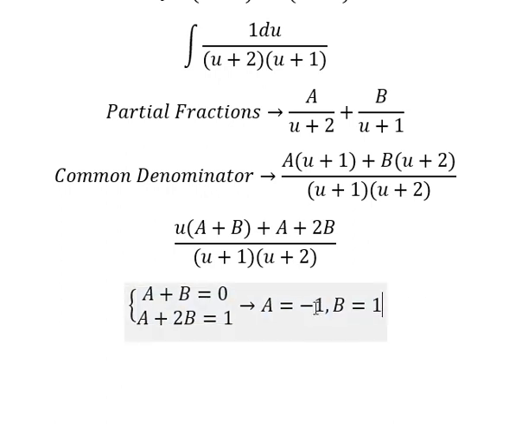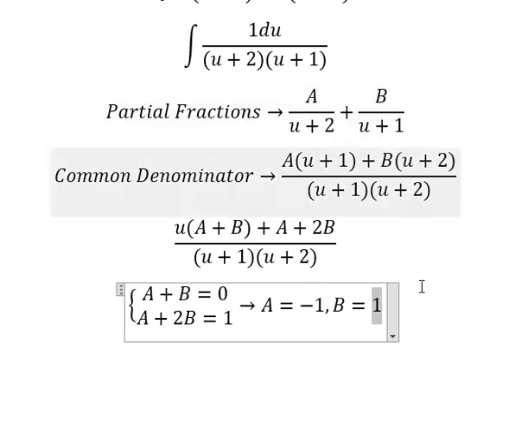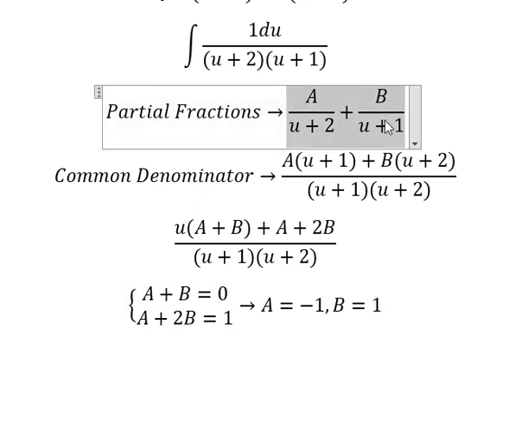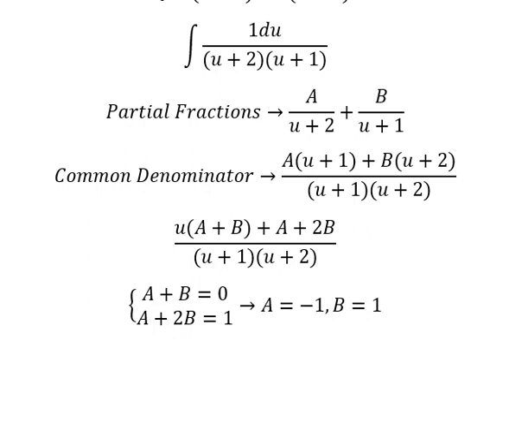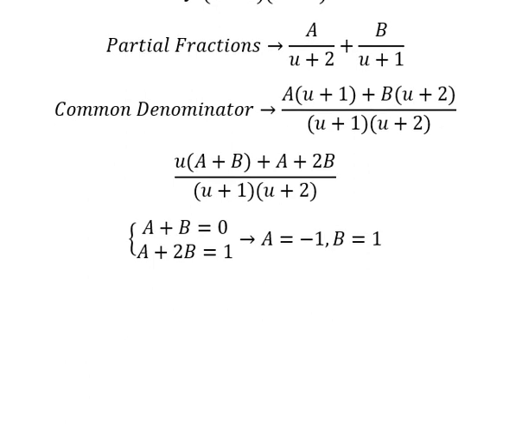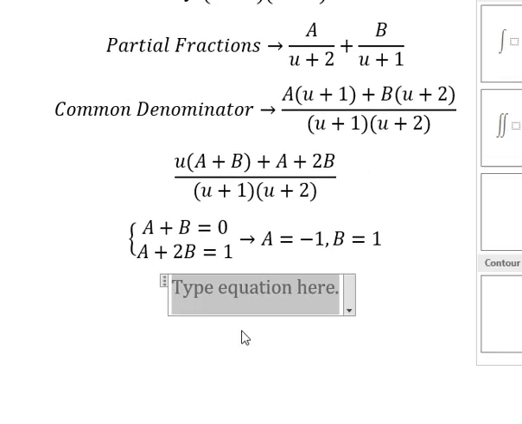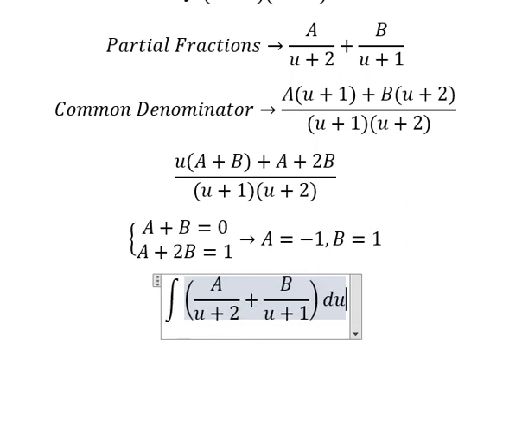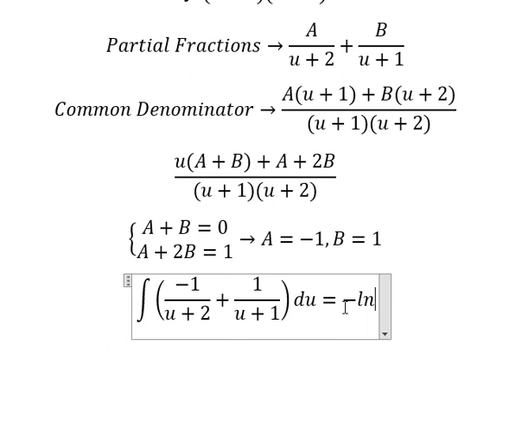So we put negative 1 in here, positive 1 in here. So A equals negative 1, B equals positive 1, and now we have the final answer in here.